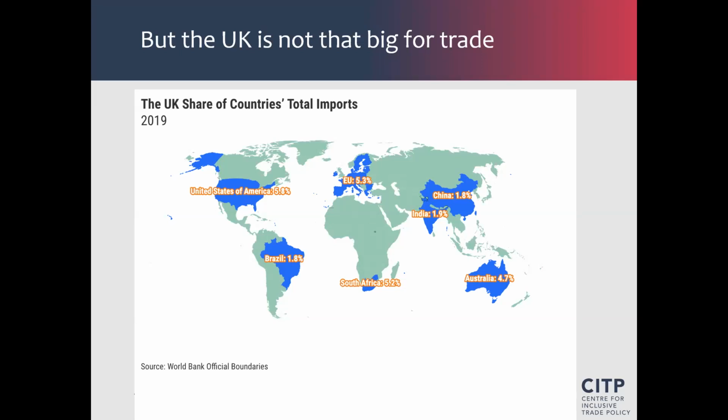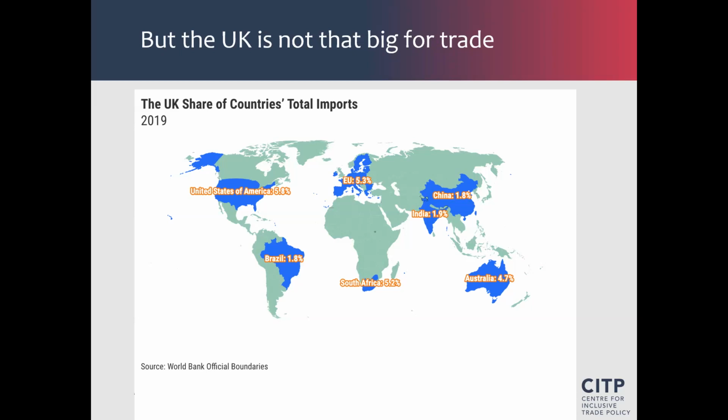In this little map, I've shown you the shares of the markets in each of several countries that the UK accounts for in both total of goods and services. In the countries we're close to and we are friends with, USA, EU, South Africa, Australia, we are getting around 5% of their markets.